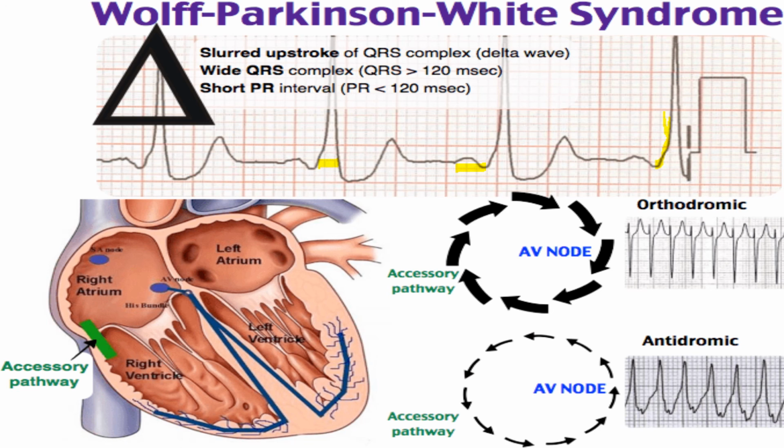This accessory pathway predisposes to tachycardia. It may predispose to orthodromic tachycardia, narrow complex AVRT, or antidromic if it goes down through the accessory pathway, wide complex AVRT.